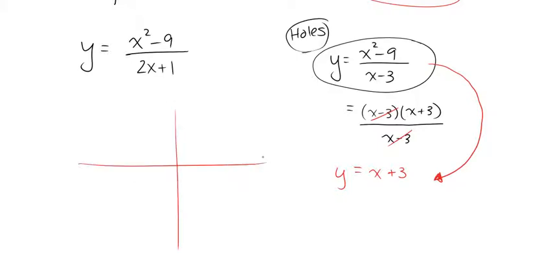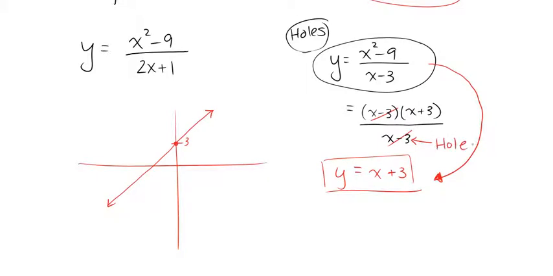So what you're going to get is a linear equation, a straight line with y-intercept 3. So it looks like that. And then you're going to get a hole in the graph.